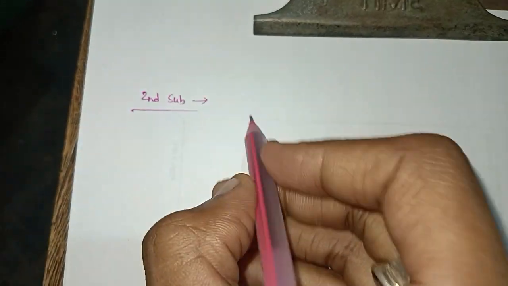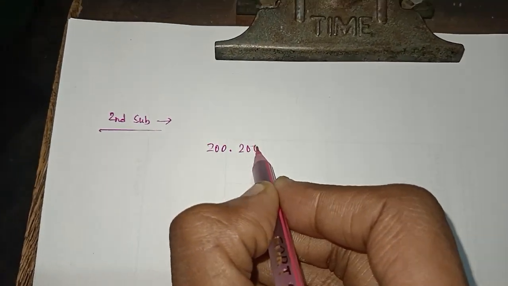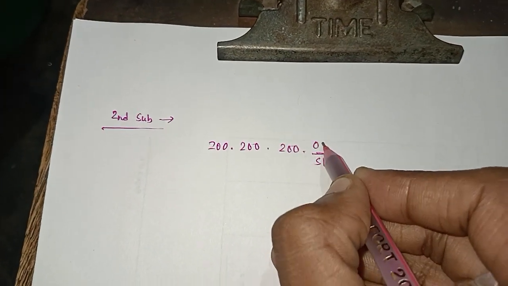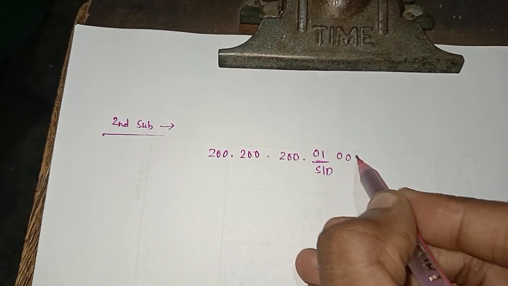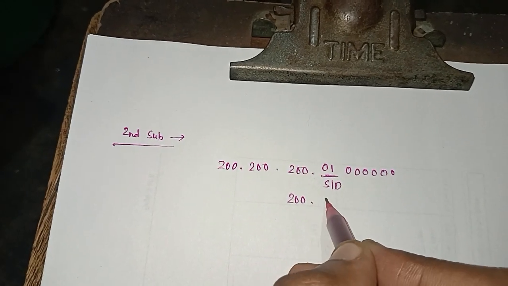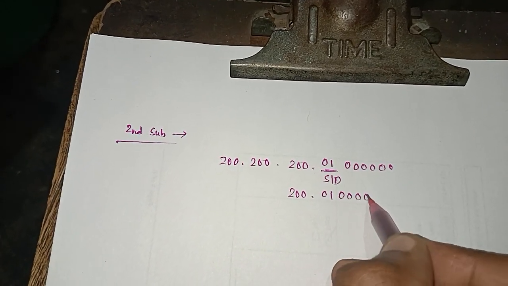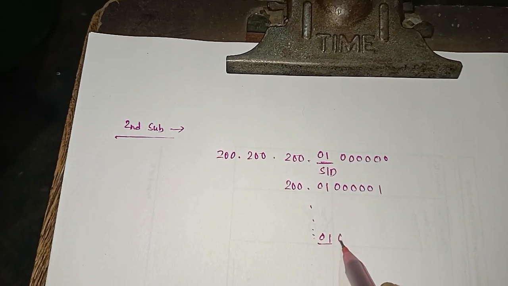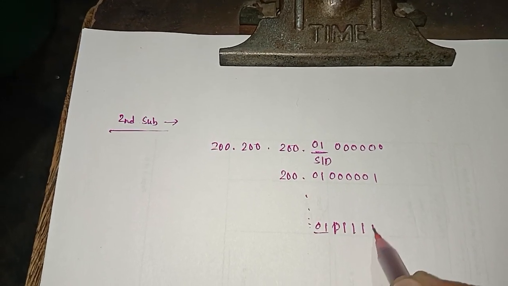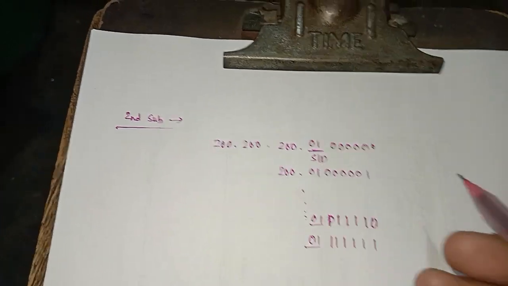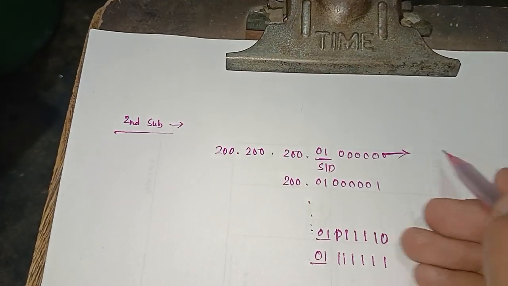From the second subnet, we are not changing the network ID part. The subnet ID 2 bits we are fixing as 0 1. The remaining 6 host bits are all 0, and this is not assigned to any host.